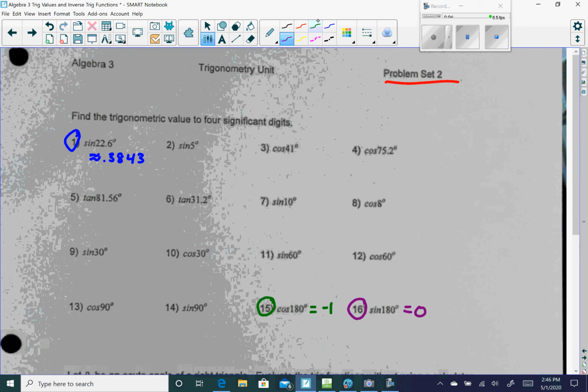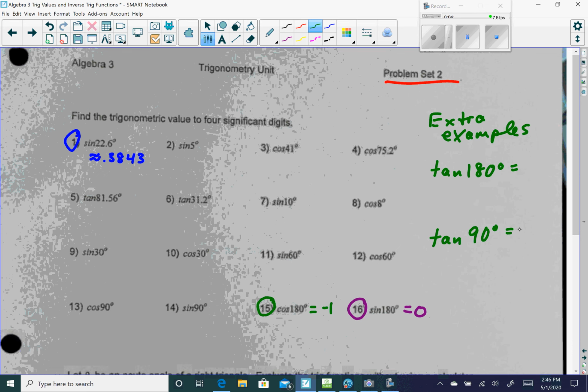Now, next are going to be some extra examples. I want you to type in tangent of 180 degrees and then tangent of 90 degrees.